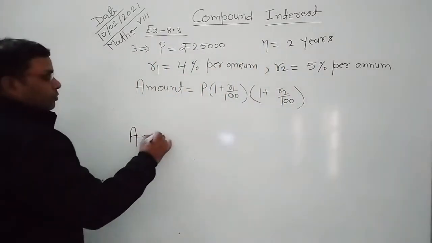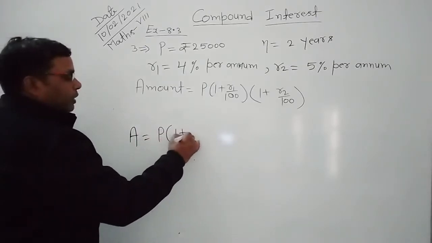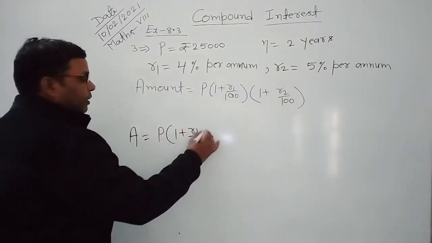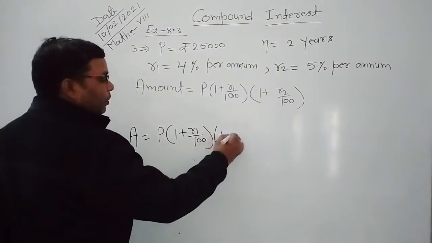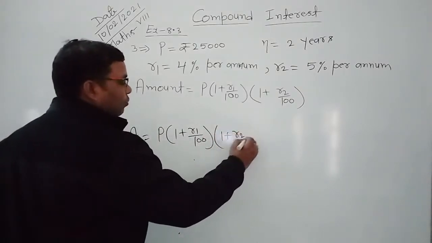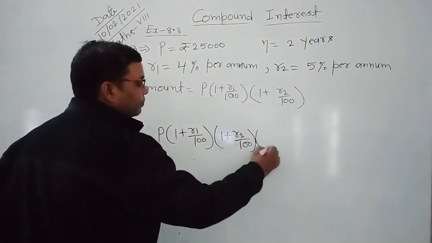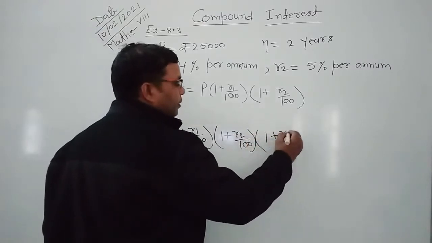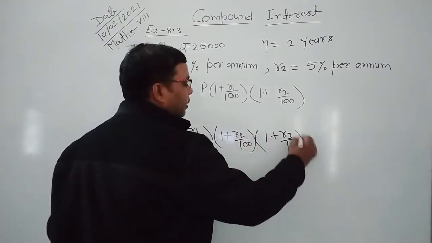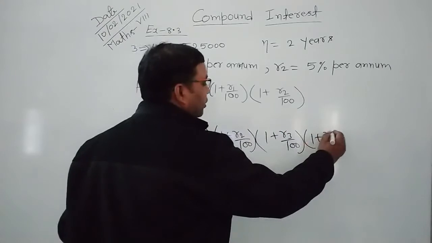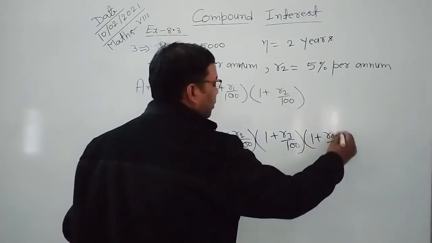Amount is equal to P into 1 plus R1 upon 100 into 1 plus R2 upon 100 into 1 plus R3 upon 100 into 1 plus R4 upon 100.